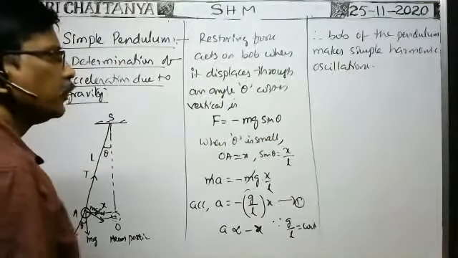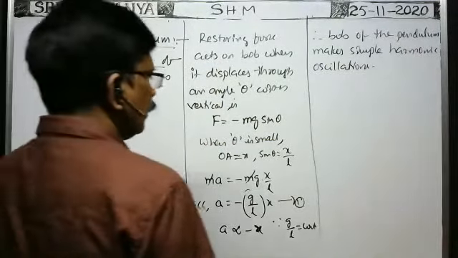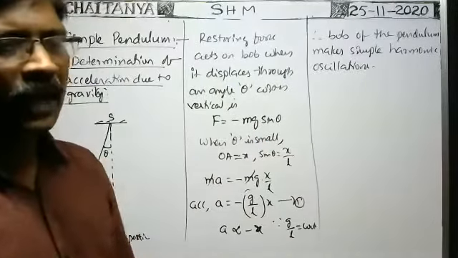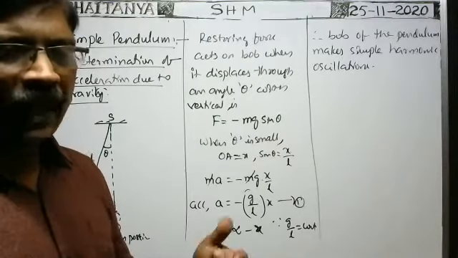Whenever it makes simple harmonic oscillations, in case of simple harmonic oscillations, what is the formula for acceleration of a body?